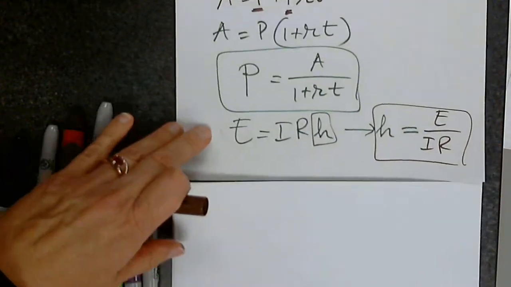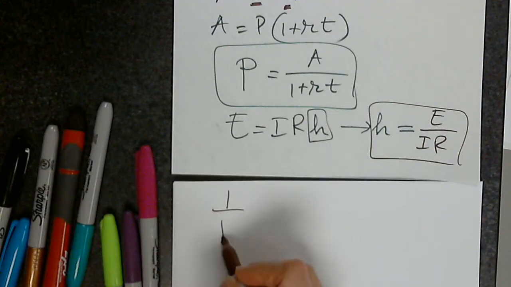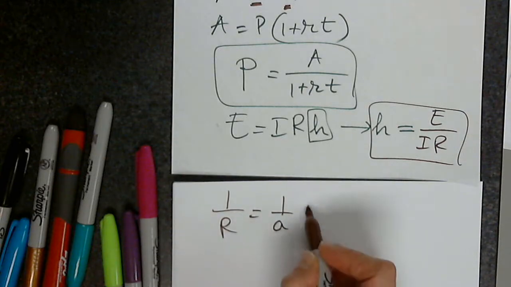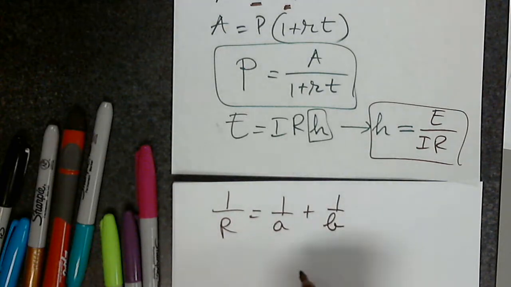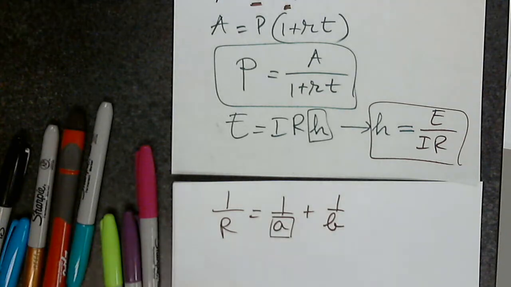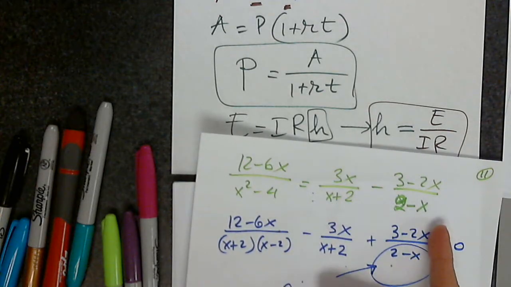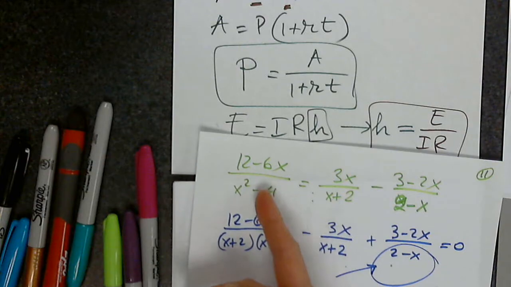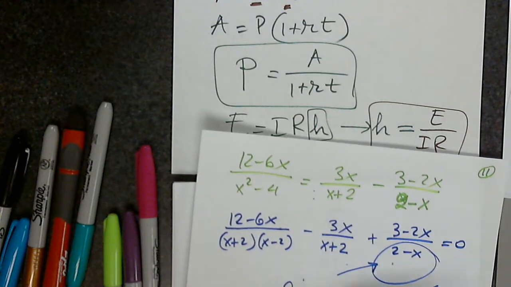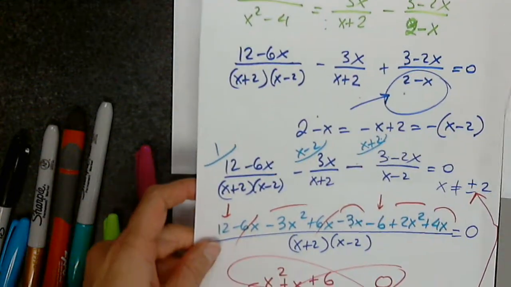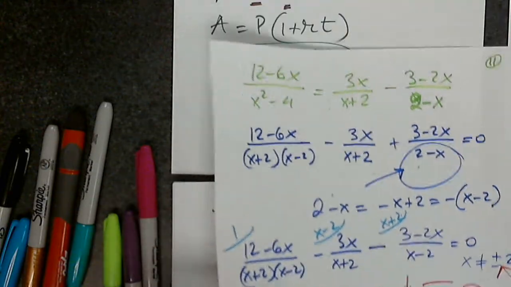And now let's work on the last one. 1 over R equals 1 over A plus 1 over B. And we're asked to solve for A. I am not changing the rules on you, but this is a different situation. When we worked on something like this, we had X all over the place. I moved everything to one side and set it equal to 0 to change it into a proportion eventually.